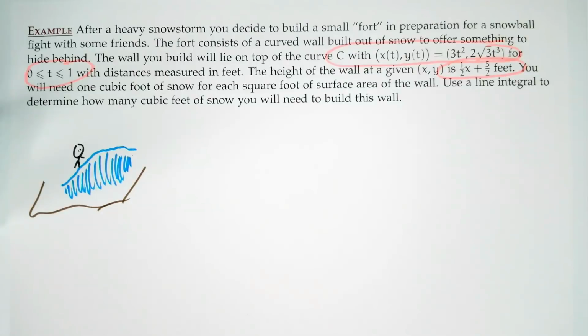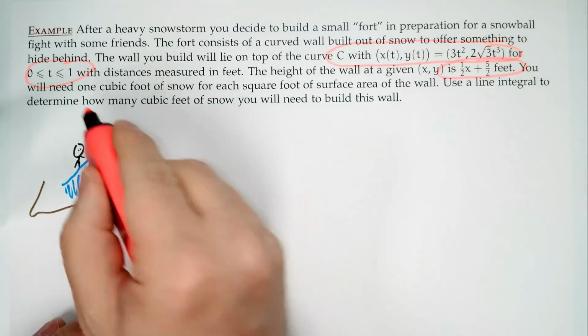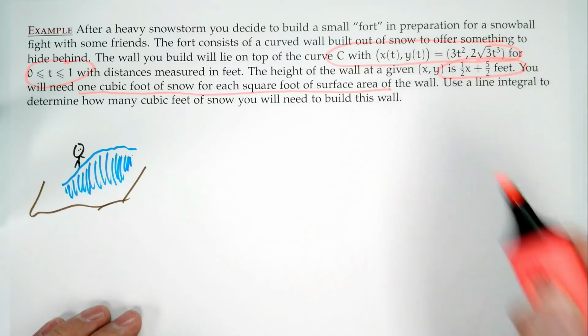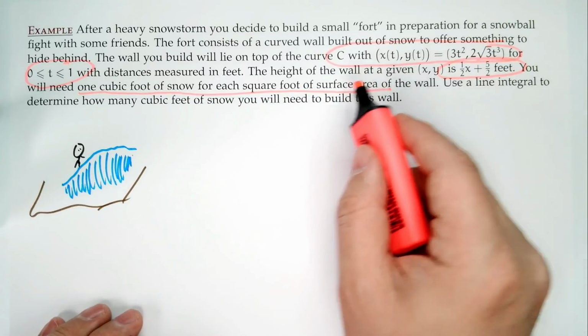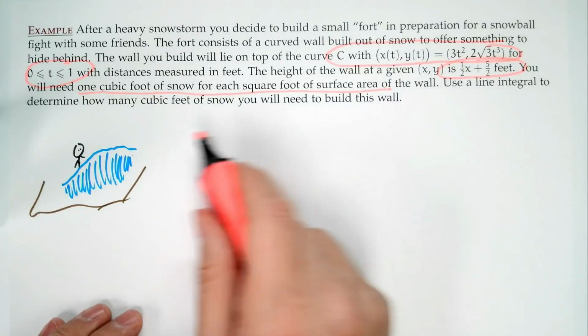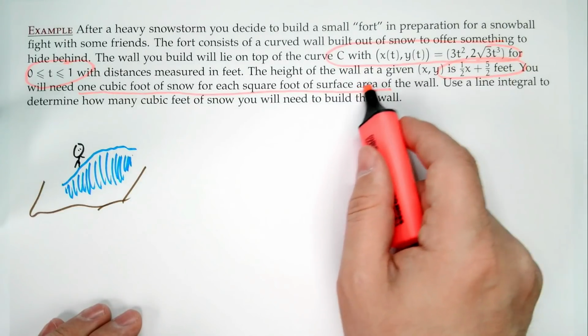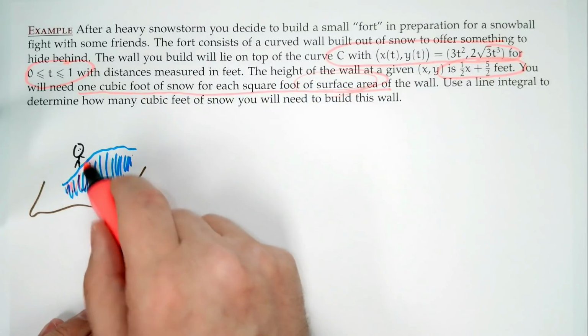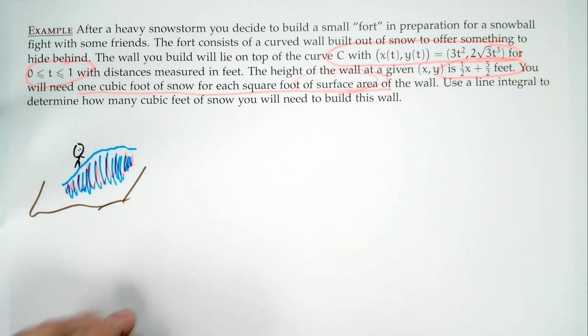So that tells us that there's a translation between the amount of snow we need and how much surface area there is of the wall. So really this question says, how many cubic feet of snow do you need? It's really a question about what's the surface area. In other words, what's this area here? That's what we need to figure out.